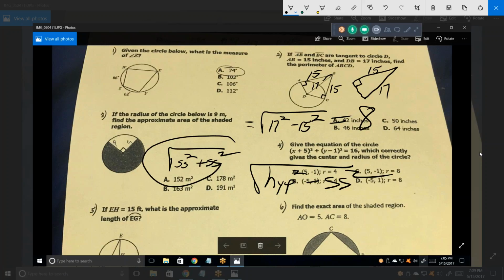These are the only two you have to memorize. They all start out with the words square root.